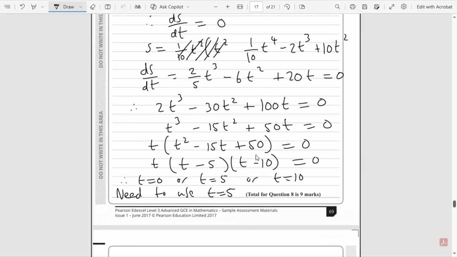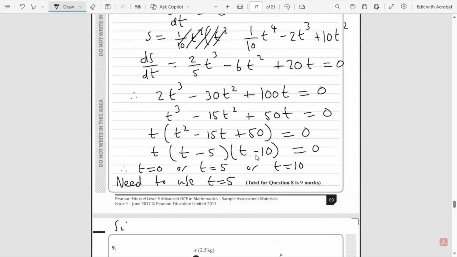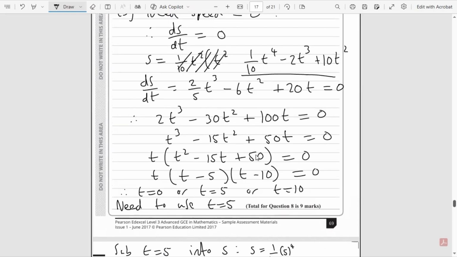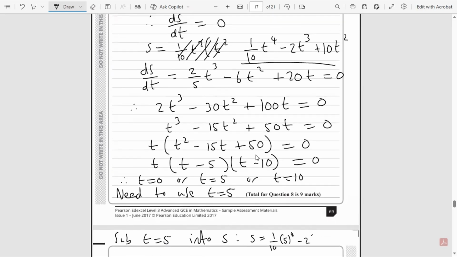And we're just going to sub it into our distance formula. So sub t equals 5 into s. Remember the formula as we've written up here is 1 over 10 t to the power 4, so that's 5 to the power of 4, then minus 2 times 5 to the power of 3, and then plus 10 times 5 to the power of 2.